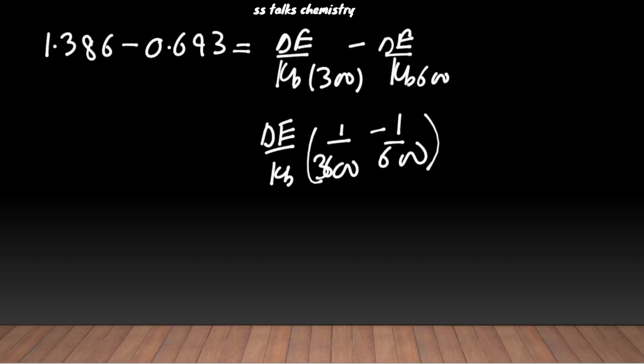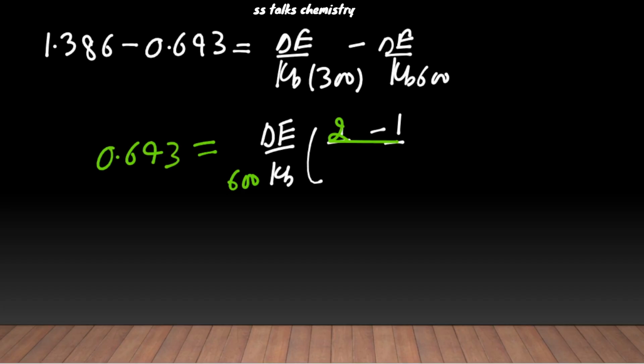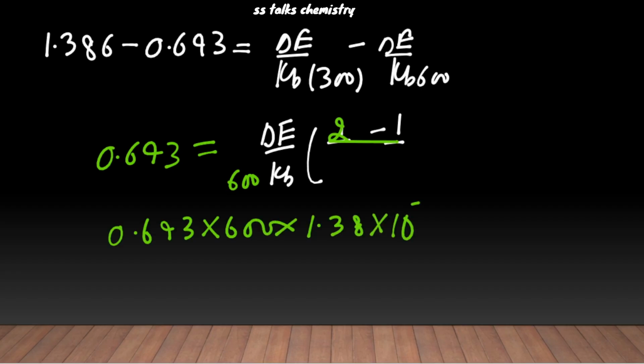We can take 600 outside, so it becomes 2 minus 1. The difference between these two, 1.386 minus 0.693, is equal to 0.693 only. So 0.693 into 600 into the kb value, which is 1.38 into 10 to the power of minus 23, is equal to delta E. Here it was 2 minus 1 only.